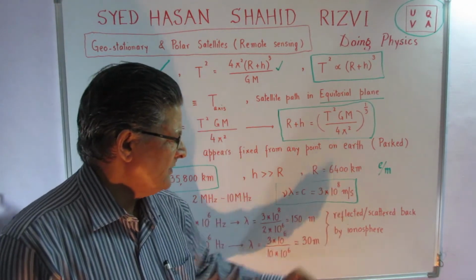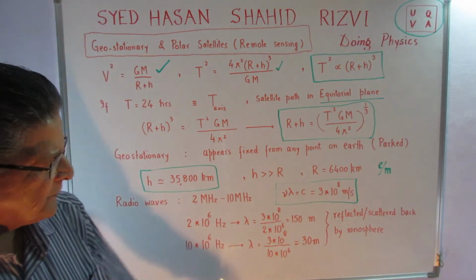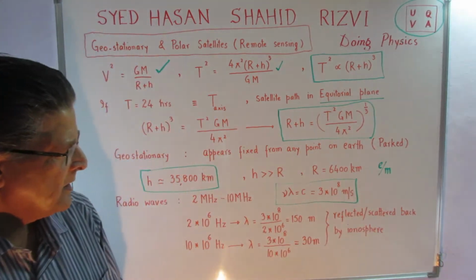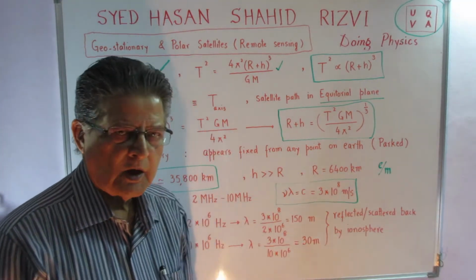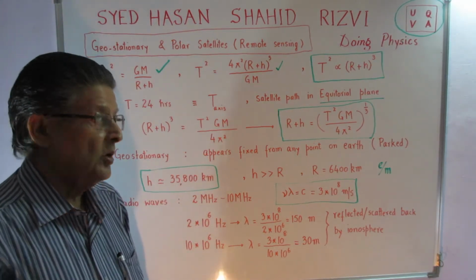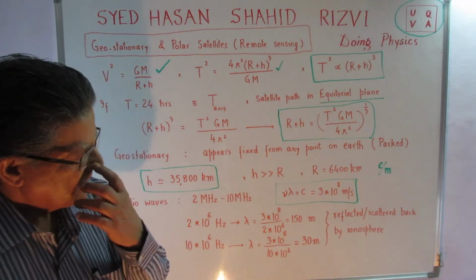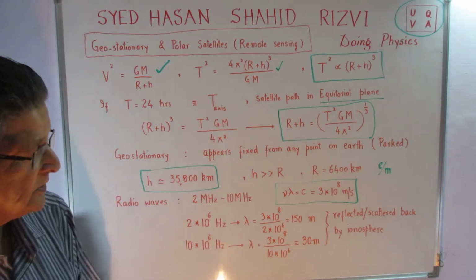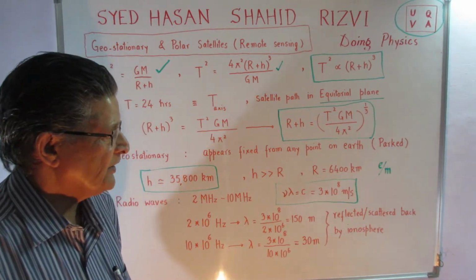So these waves got reflected, obliquely scattered, back to the Earth by the ionosphere. The ionosphere is a layer of ions several kilometers above the surface of the Earth, and those ions reflect or scatter the waves back.